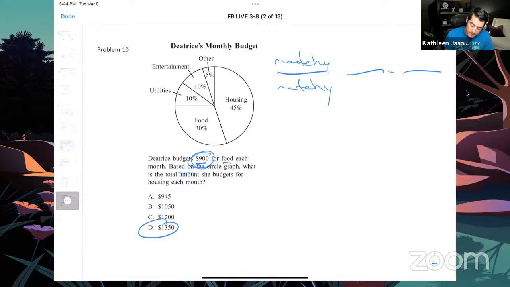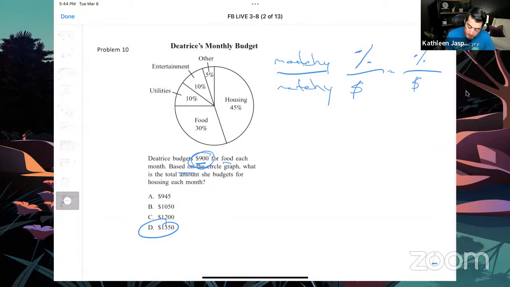In this case, you can do it either way, but I'm going to do my percent over dollars.